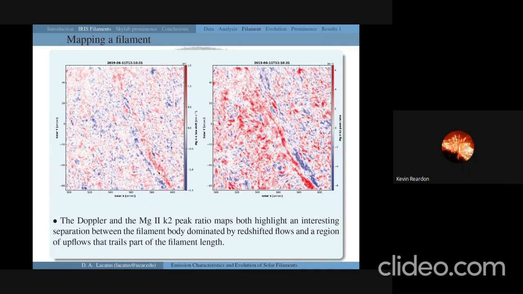Okay. Yeah, and they were always sort of this opposite sign. That was interesting. So that would explain why. But you definitely see the structure more clearly in the ratio maps, even if it's maybe harder to interpret sometimes. Okay. Thank you.